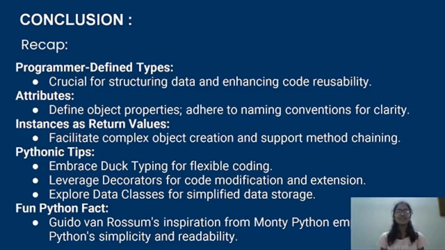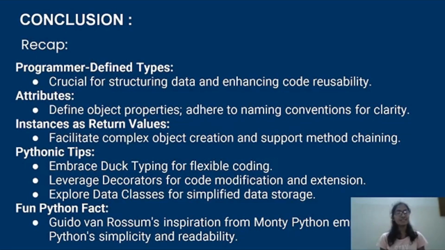Coming to a quick recap of this video, programmer-defined types are crucial for structuring data and enhancing code usability. We have also discussed attributes and defined object properties, adhering to naming conventions for clarity. We have also discussed instances as return values, which facilitate complex object creation and method chaining.